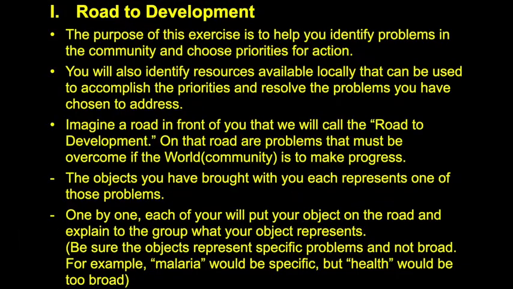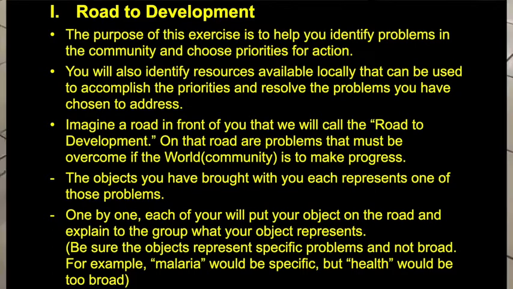One by one, each of you will put your object on the road and explain to the group what your object represents. But be sure the object represents specific problems and not broad ones. For example, malaria would be specific, but health would be too broad, right?